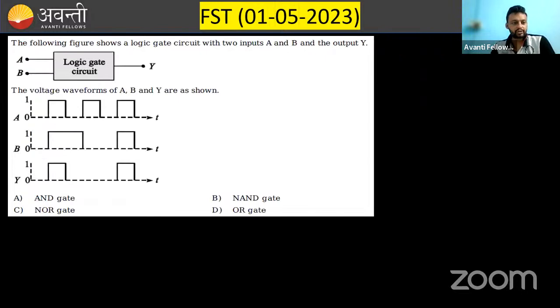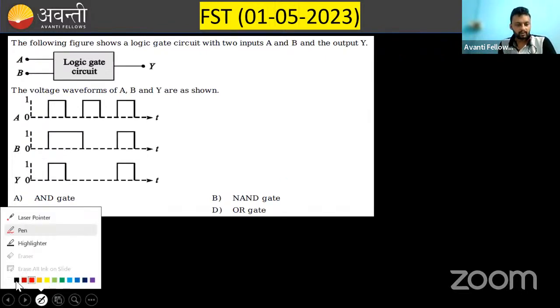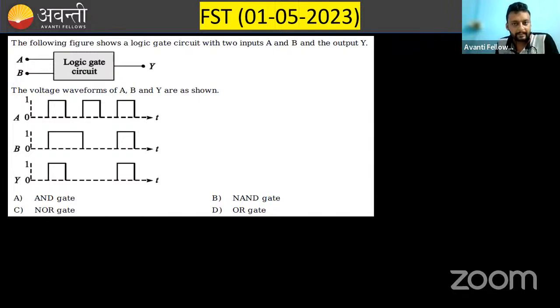We can take one more question here. In this question, they are asking which gate it is representing. Okay, so there are input A, input B, and output Y. Three things are given.